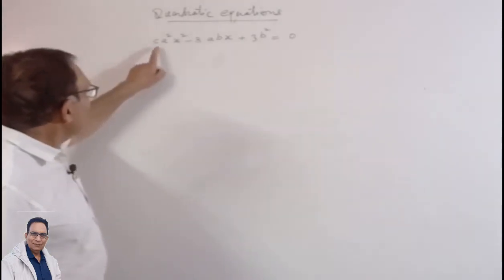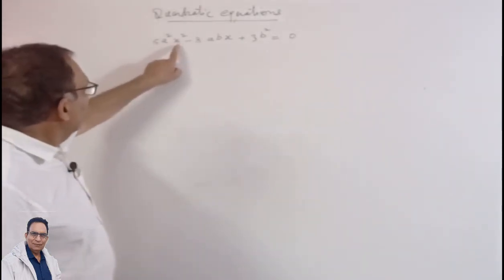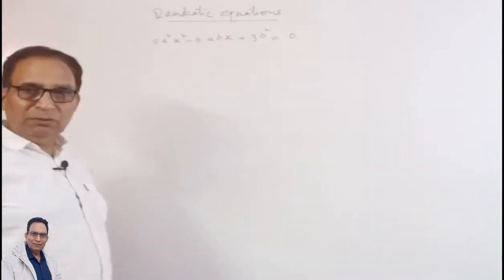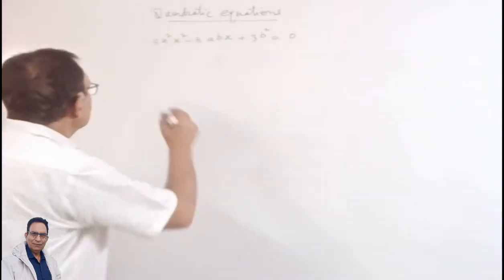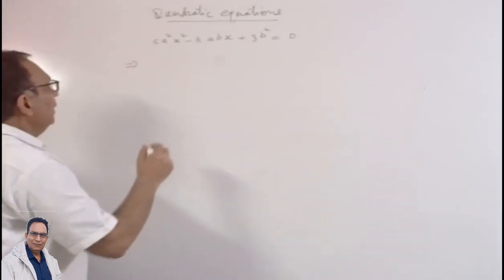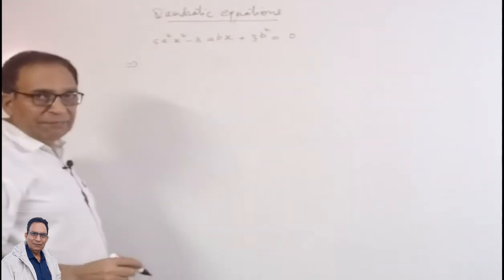Here I am writing 5a square x square minus 8abx plus 3b square is equal to 0. So let us start. The coefficient of x square is 5a square. Divide the whole equation by 5a square.